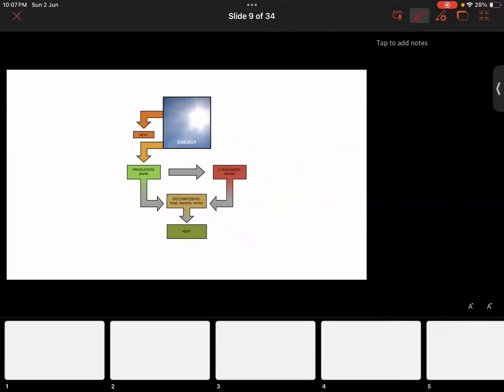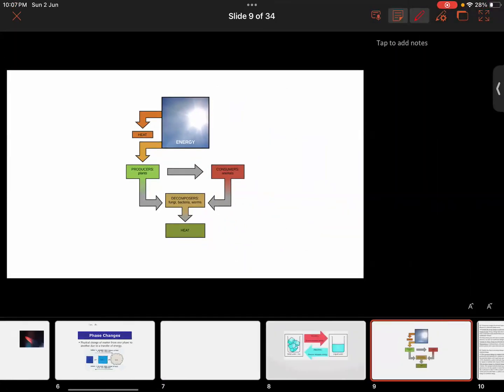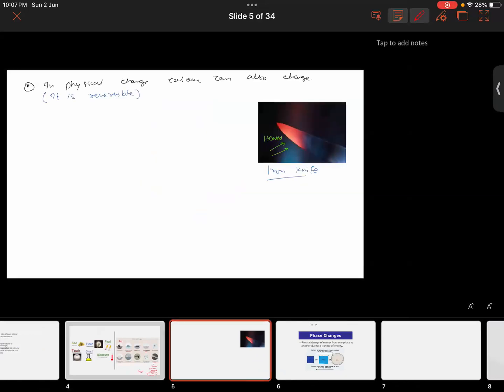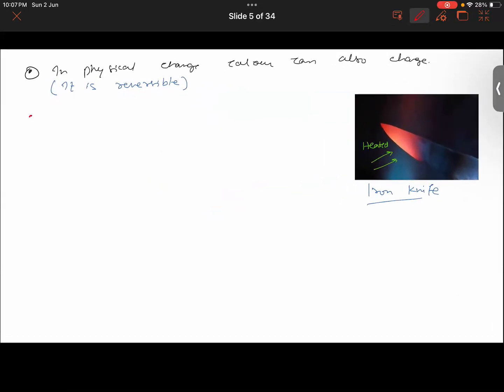So we say that another property of the physical change, apart from the first one, is that in the physical change, composition remains the same.